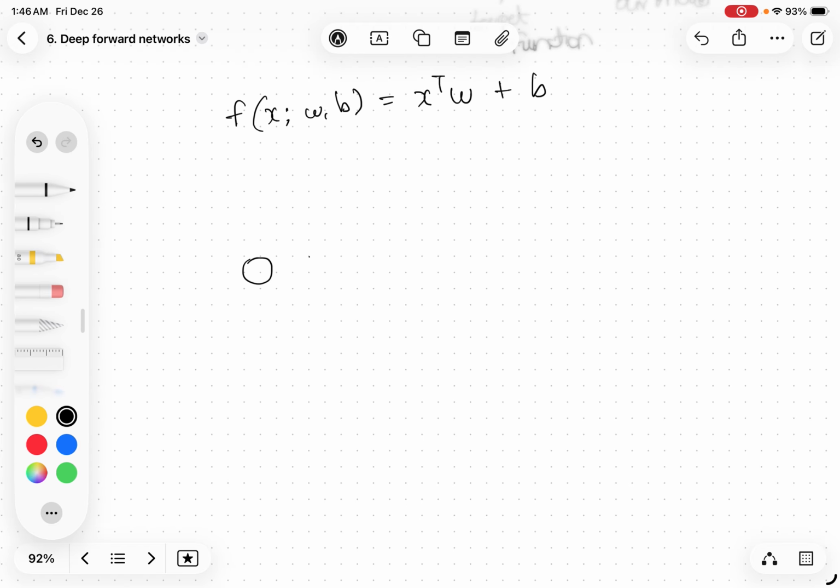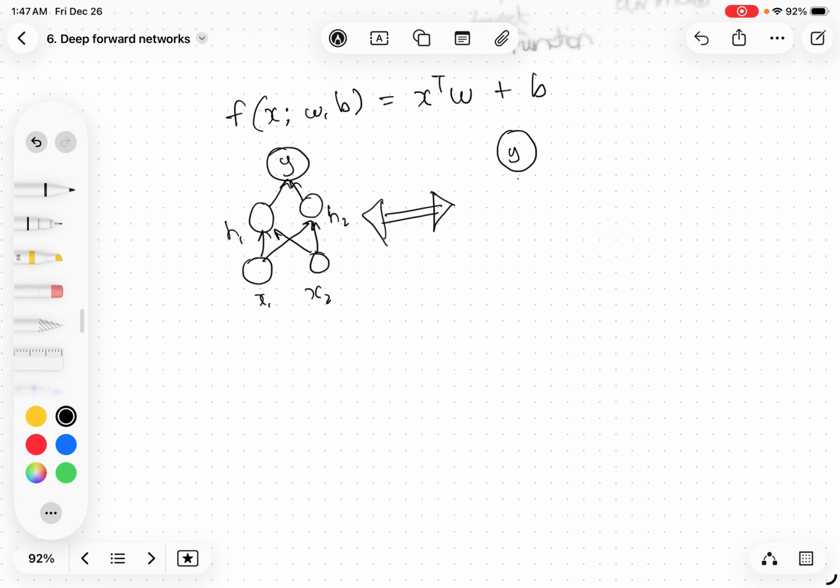So we have x1, x2, h1, h2, and this is y. It's a very simple feedforward neural network. And this is the equivalent representation, by the way. Just to make it easy to read and represent, we will compress the layers.